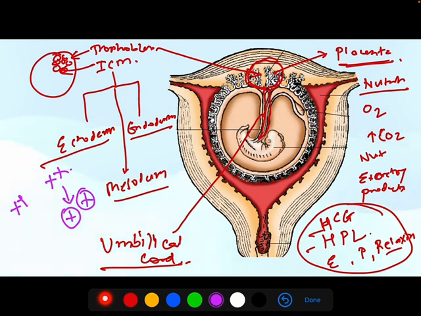In males, the sperms which will be formed, 50% will have X chromosome and 50% will have Y chromosome. So depending upon which type of sperm fuses with the ovum, the sex determination will vary. So it is the father who is responsible for the sex of the child and not the mother.